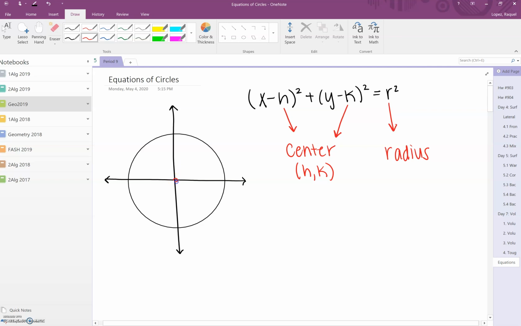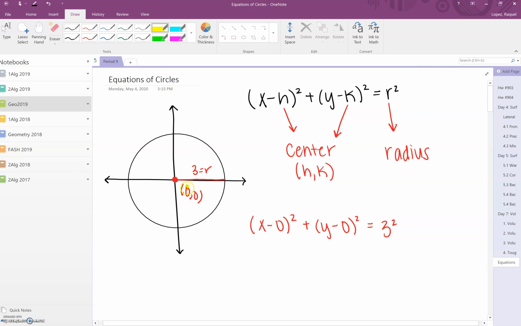So for example, let's say this circle has a center at (0, 0), and let's say it has a radius of 3. If we were to plug that into our structure, we would get (x minus 0) squared plus (y minus 0) squared equals 3 squared.